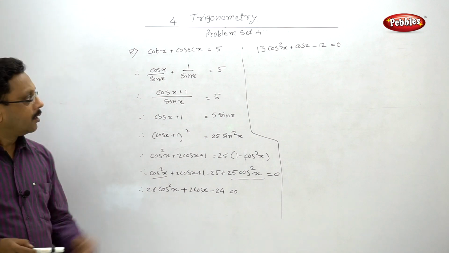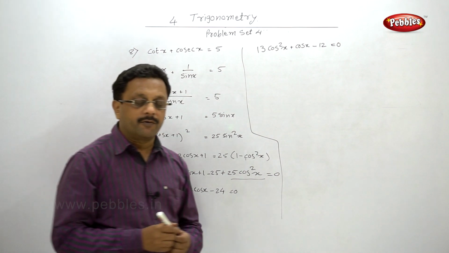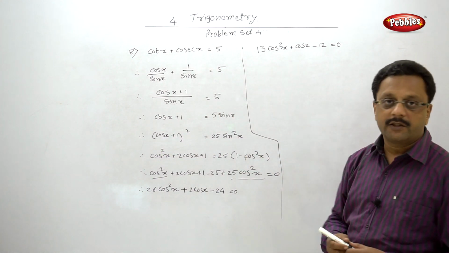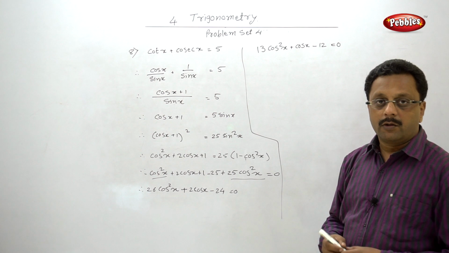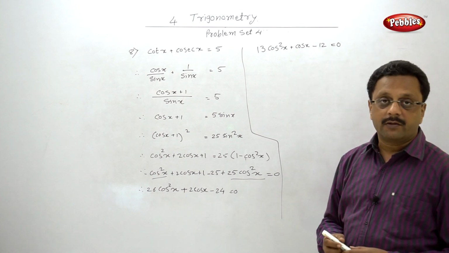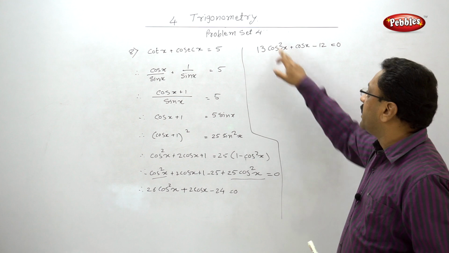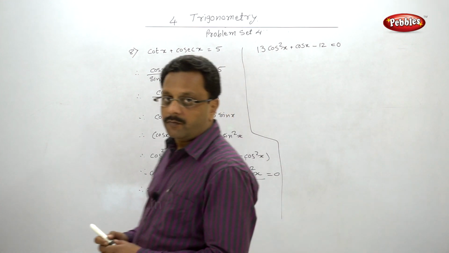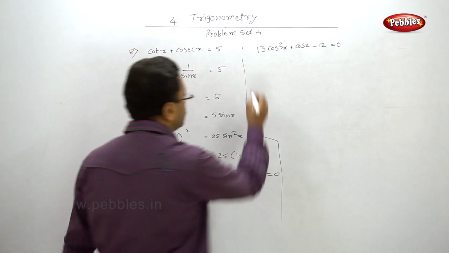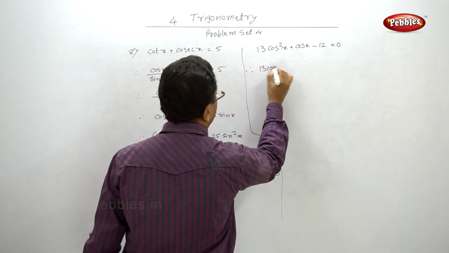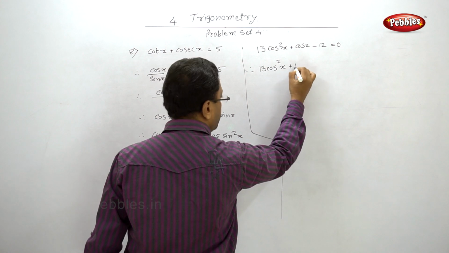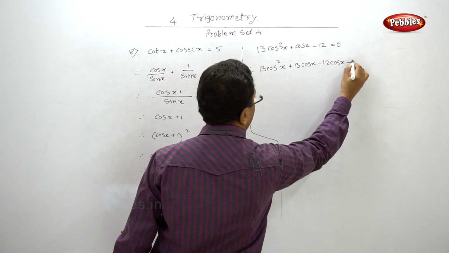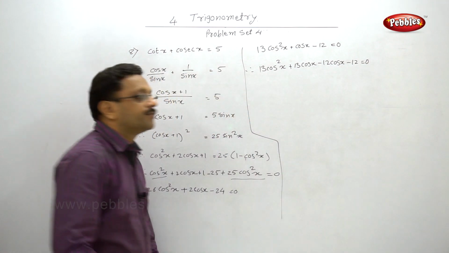Correct? Now is it not a quadratic equation, except we have cos x instead of x? So if it is a quadratic equation, how can you solve this? 13x square plus x minus 12 equal to 0. How will you solve this quadratic equation? Very simple. We have 13 cos square x plus 13 cos x minus 12 cos x minus 12 equal to 0.